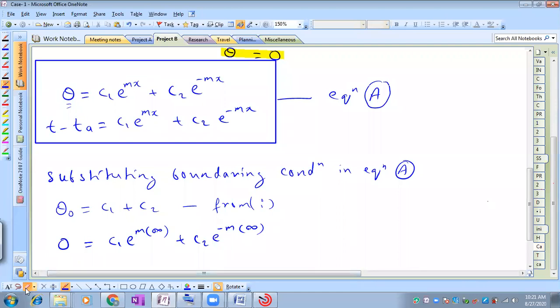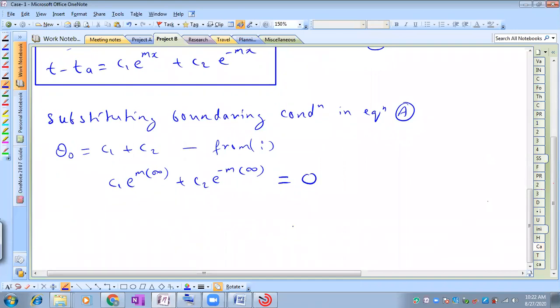If I consider my 0 on the right side, it won't make any difference. But if I consider this equation, I can say C1 will be 0 as e raised to infinity is infinity. We require to find one value from this, so if I consider this part to be 0, I can write C1 will be equal to 0. So this is your first constant.